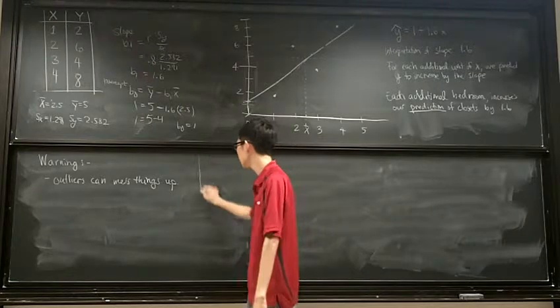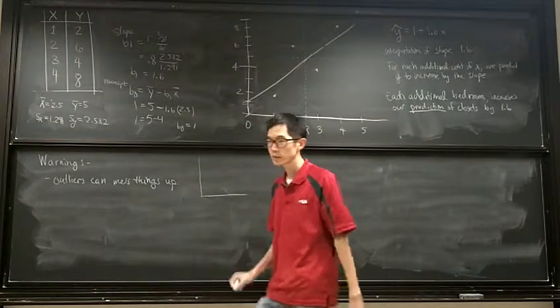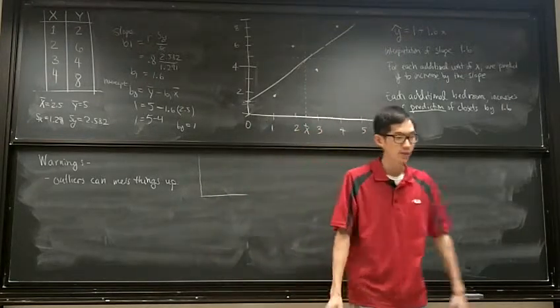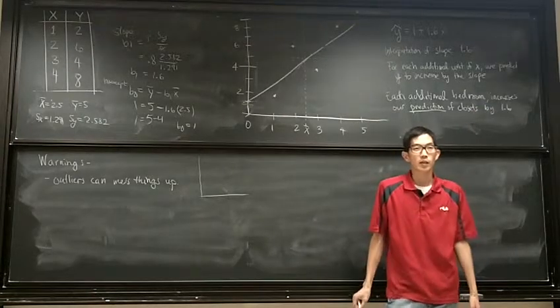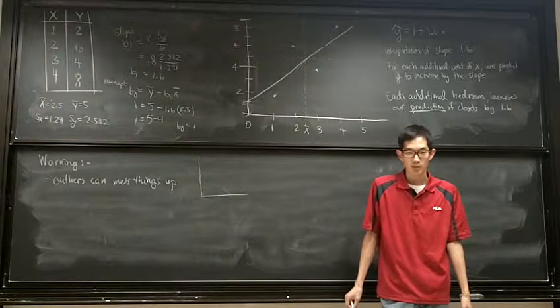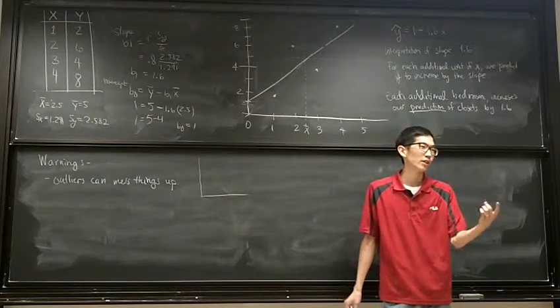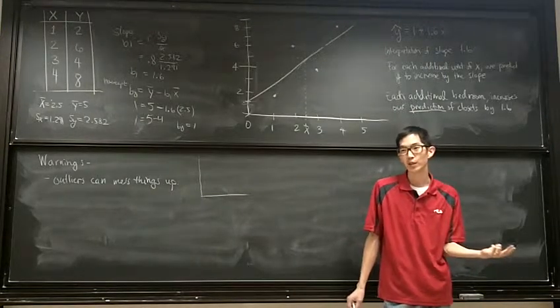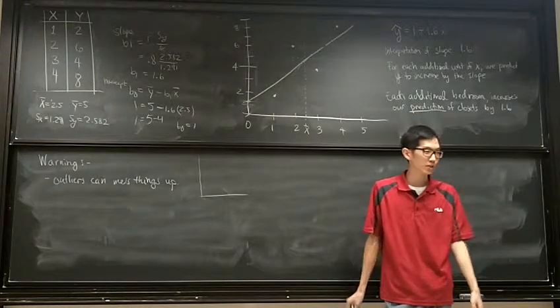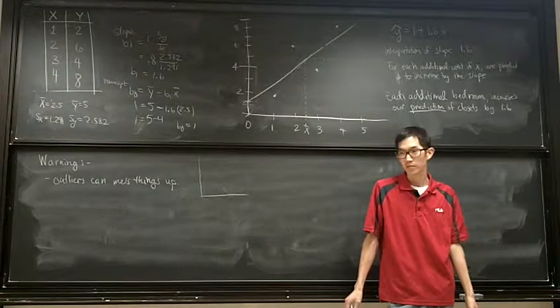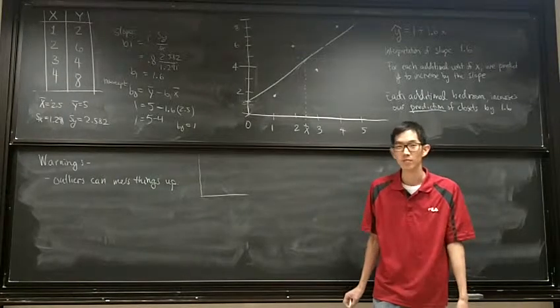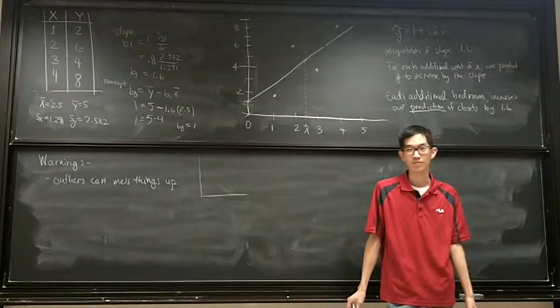So for example, let's say we gathered a whole bunch of people, and we measured their IQ and their shoe size. All right? What kind of correlation do we expect to see? None, right?